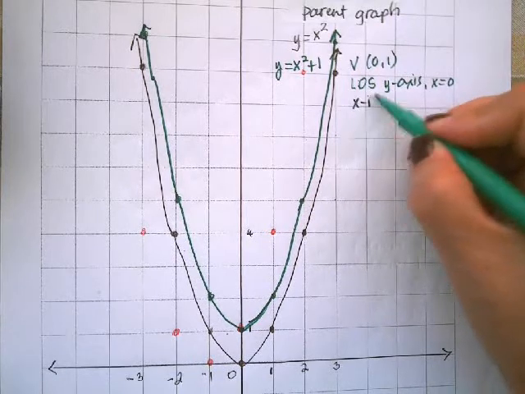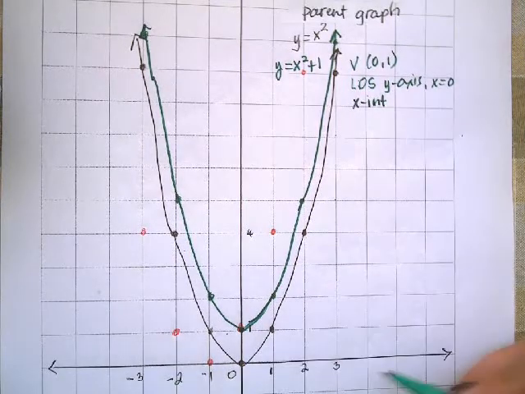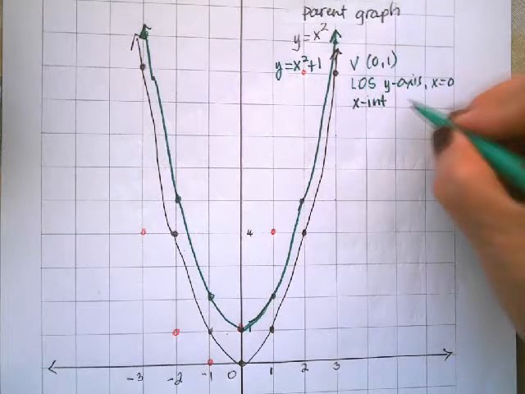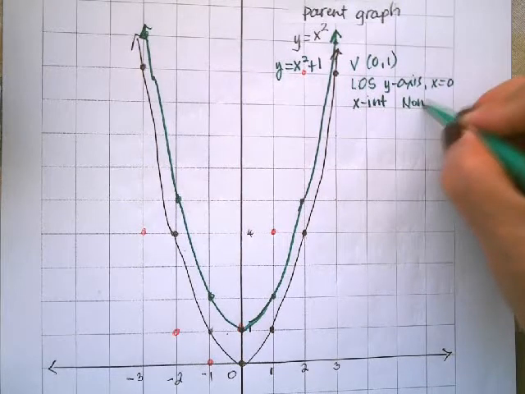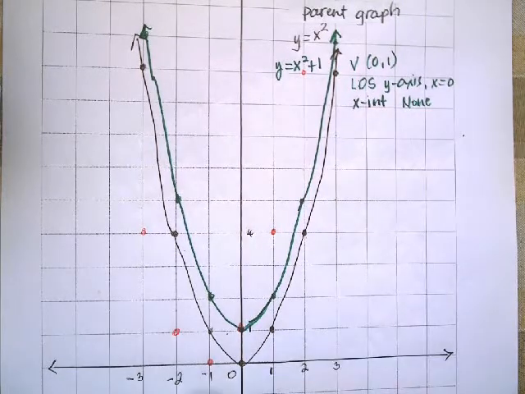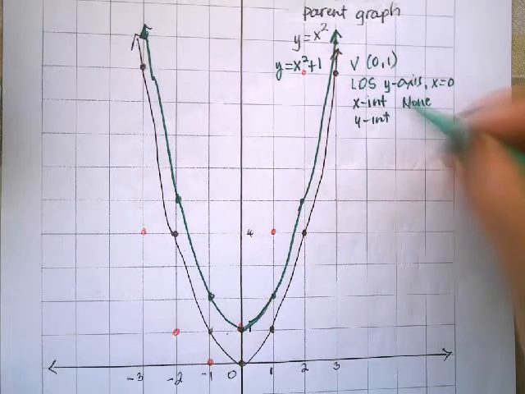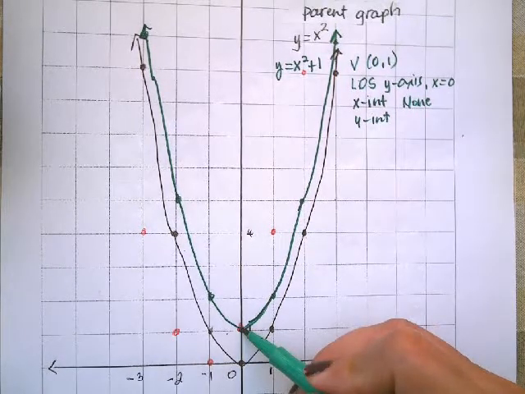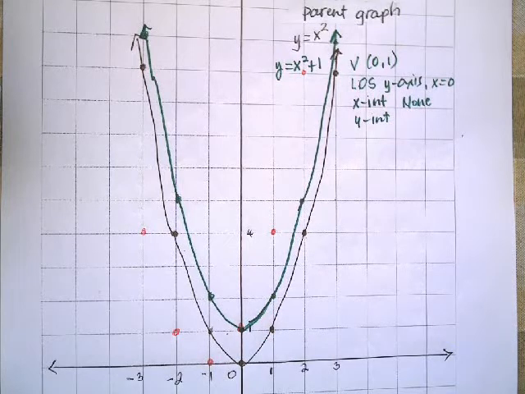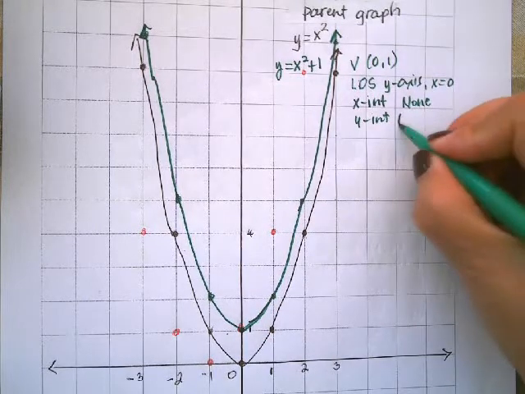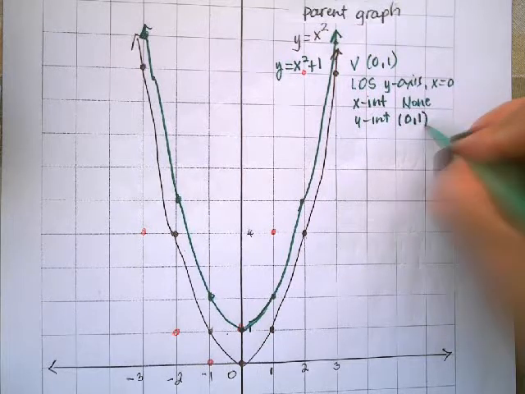For the x-intercept, there is no x-intercept; the green graph did not cross the x-axis. What about the y-intercept? It is at the point 0, 1, the same as our vertex.